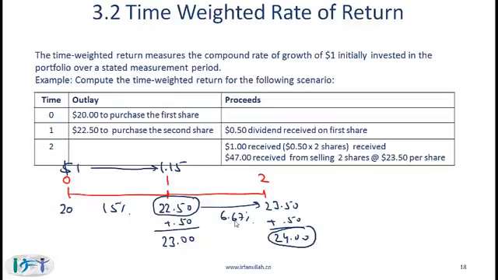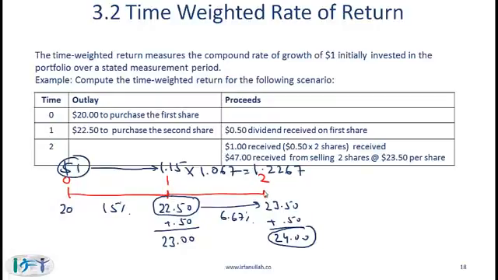This amounts to a 6.67% return, and the 1.15 that we have at the end of period 1 can then be multiplied by 1.067, and that will tell us how much this initial $1 has become at the end of period 2. And the number we will get is 1.2267.